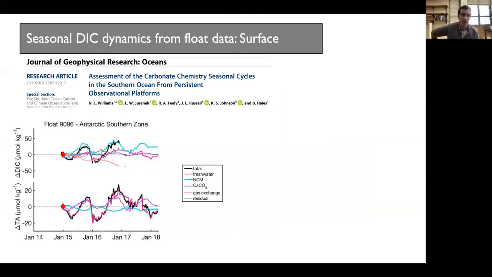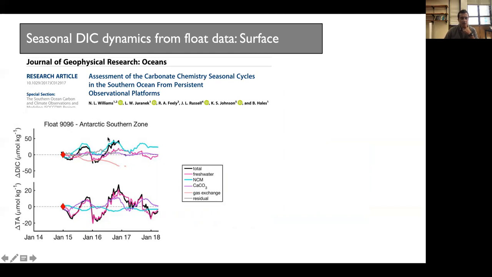So looking at seasonal DIC dynamics from float data, Nancy Williams published a study in 2018 that was looking at surface dynamics, trying to understand what drives seasonal cycles in DIC from float data. So this is again looking at float 9096 in the Antarctic Southern Zone, in the Atlantic, I believe.